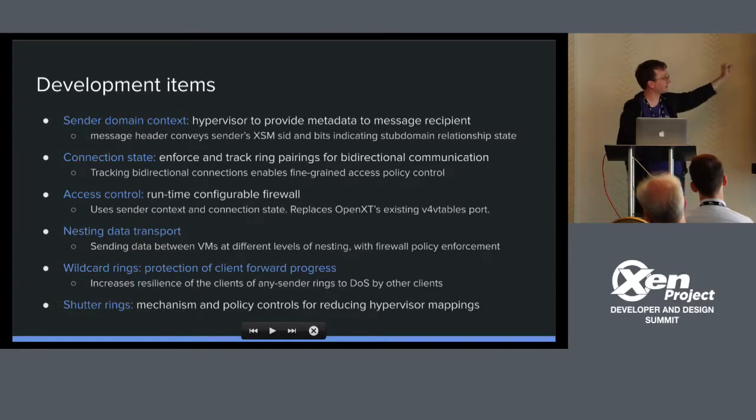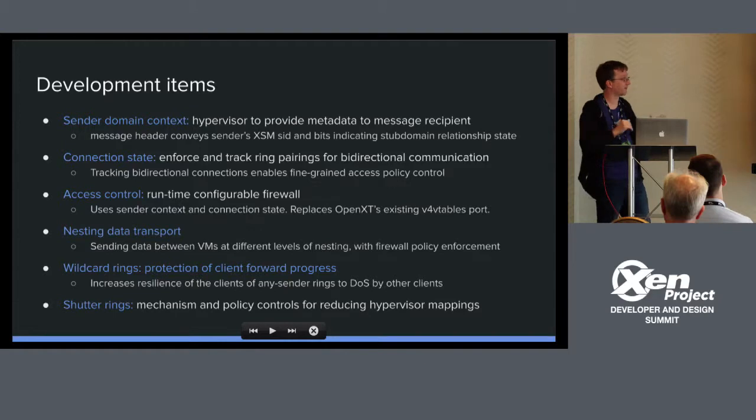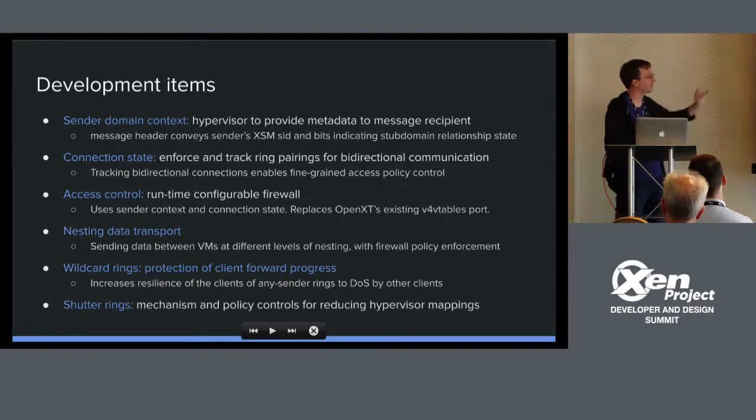The next step is, at the moment Argo implements unidirectional transport, but in order to apply narrower policy controls over the replies to that, you want to be able to track connection state inside the hypervisor. We've got a prototype of that.